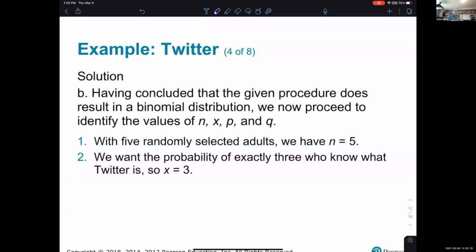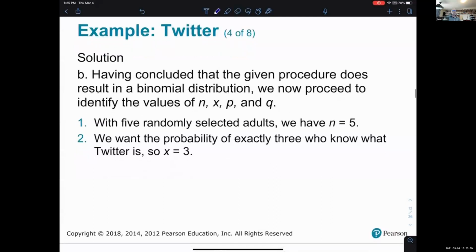We want the probability of exactly 3 who know what Twitter is. So X is 3. Meaning of those possibilities, 0 through 5, for how many knew what Twitter is, one possibility would be that 3 of them did. So we're saying that would be the X variable in the case for the probability we're calculating in this example. But in general, X is a variable, and it could be any of the numbers from 0 to 5, 3 being one of those, and we want to see how likely that is.